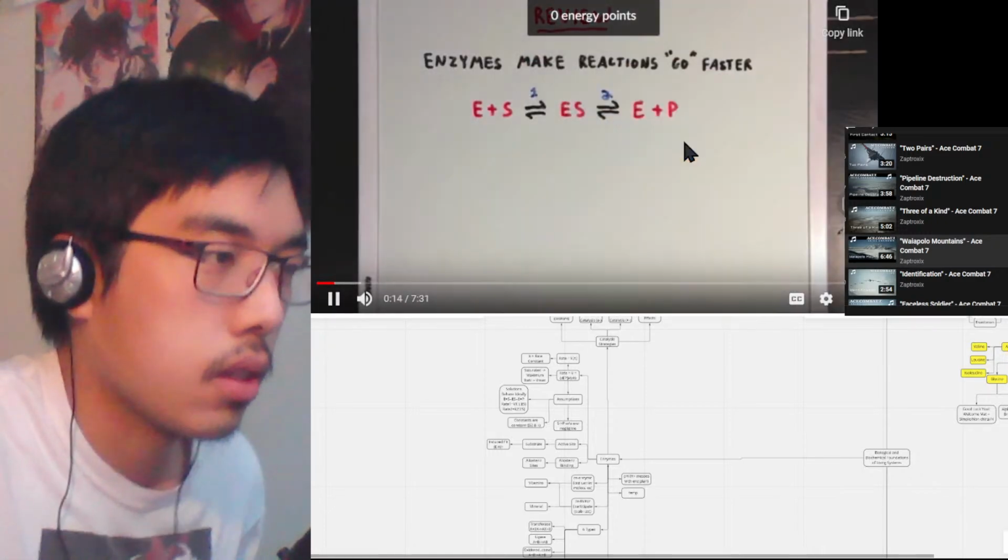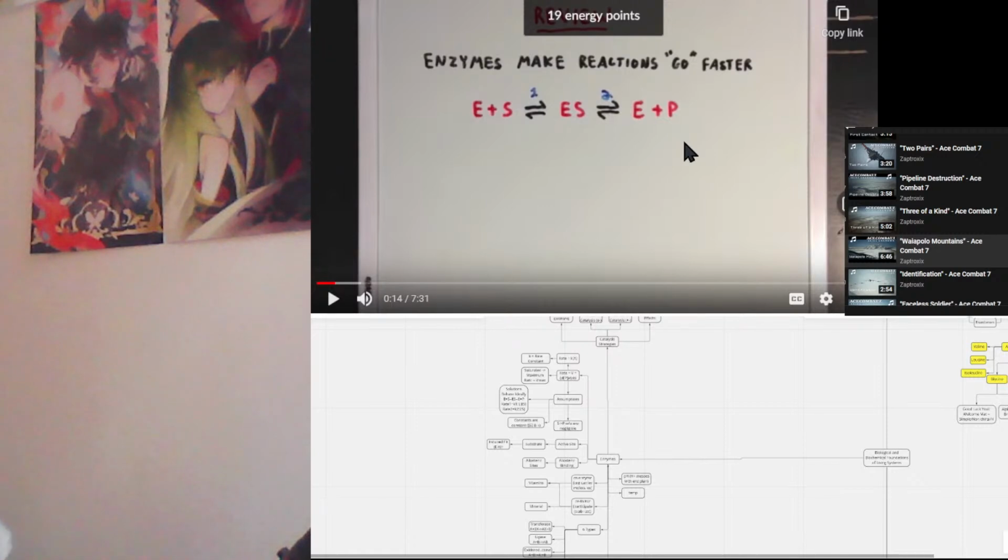Steps. First, the binding event. First, let me stand up, stretch out a little bit.